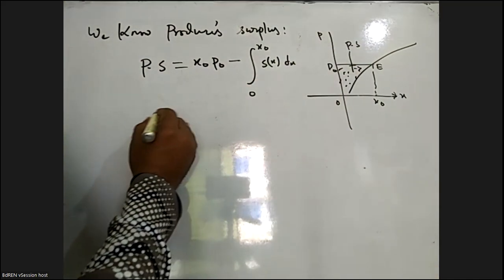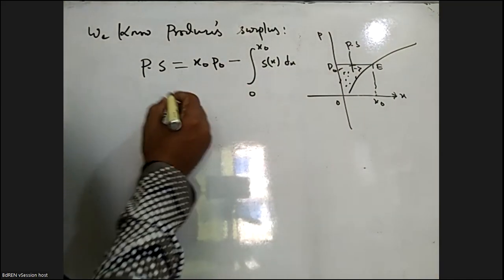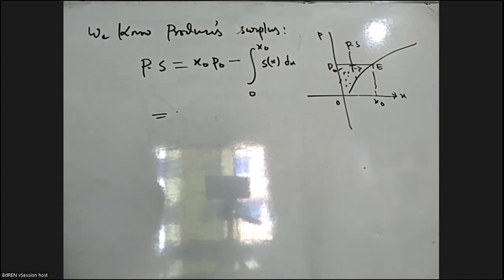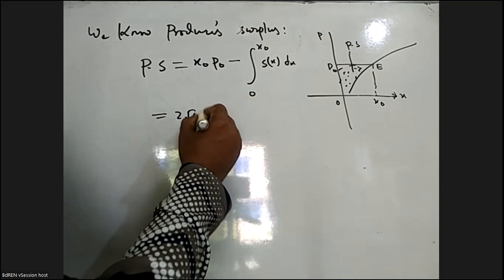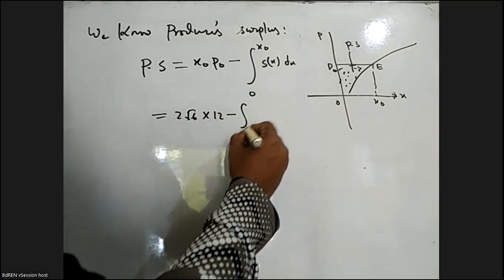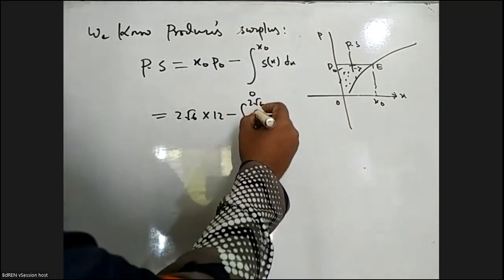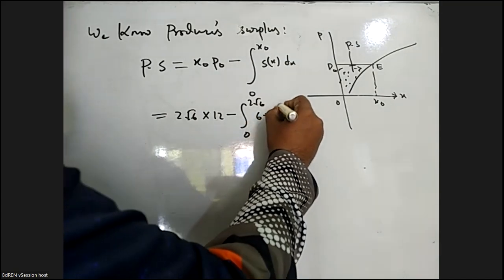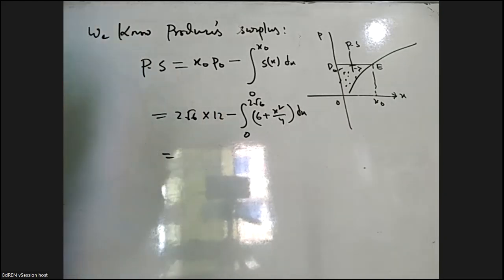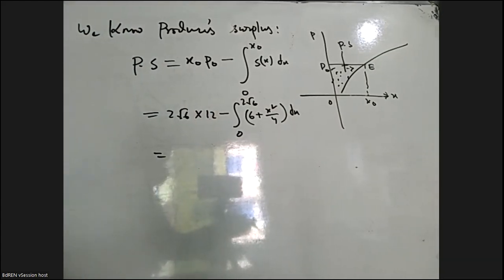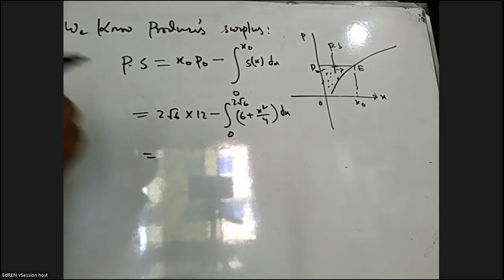So x naught was 2 root 6 and P naught was 12. From 0 to 2 root 6, the supply function was 6 plus x square by 4 dx. Now we can find the producer surplus easily.